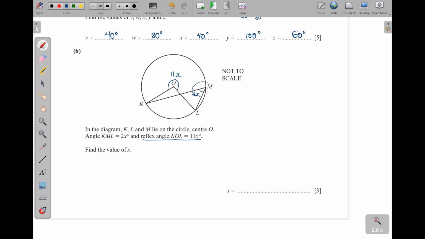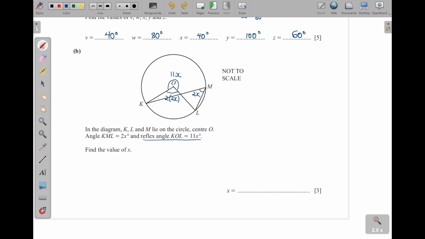Now this is the angle at the circumference. Then there is the angle at the center here, which is twice this one. So we shall have 2 times the 2x here. Isn't that 4x? Now these two are angles at the center, which add up to 360 degrees.